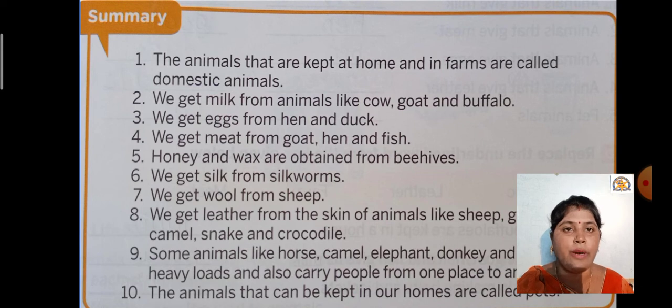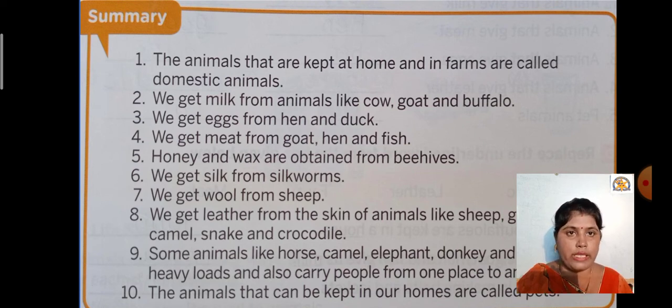So see, number 3 point is, we get eggs from the hen and the duck. Number 4, we get meat from goat, hen and fish. Number 5, honey and wax are obtained from beehives. So see, these are all plant products, means the products or the things which we obtain from the plant.